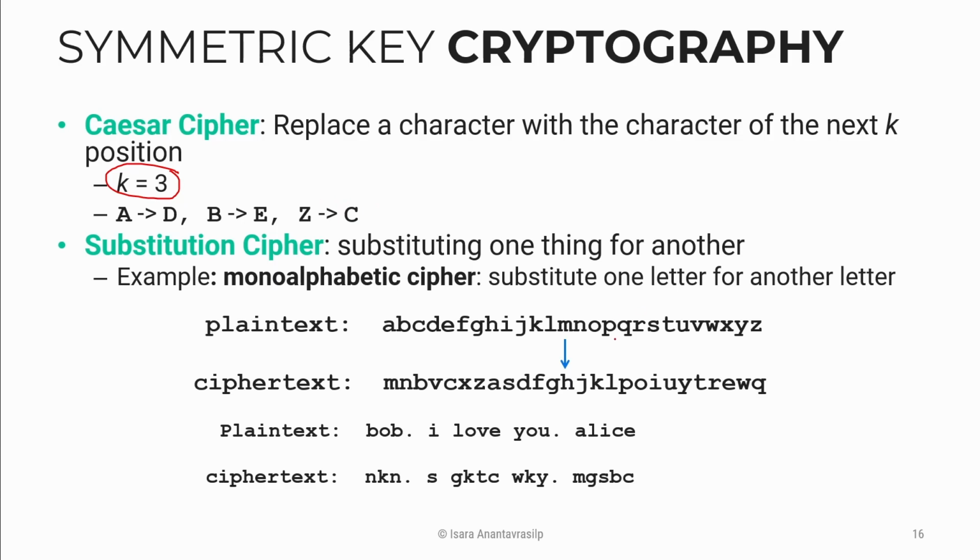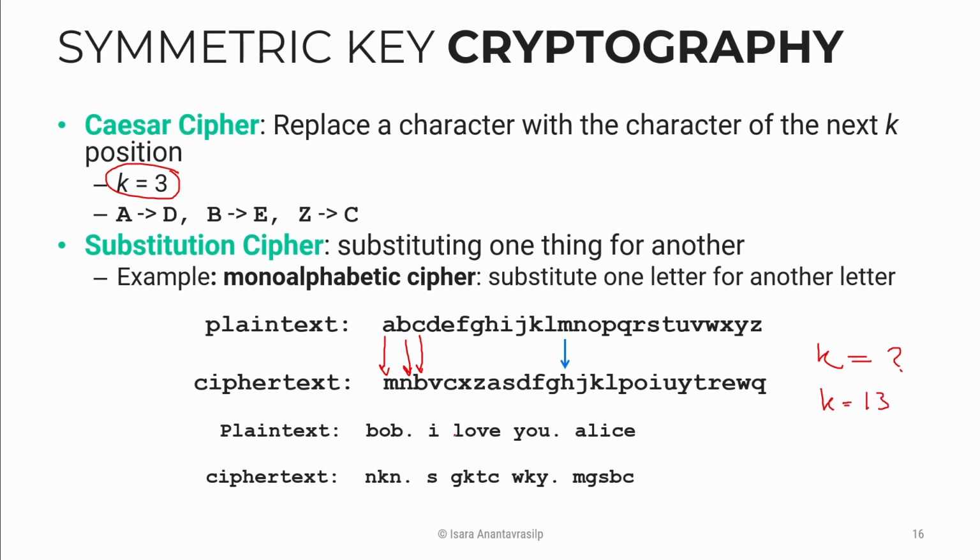If we set k to something else, A changes to M, B changes to N, and so on. You will be able to guess that k in this case is 13, 13 characters to the right.